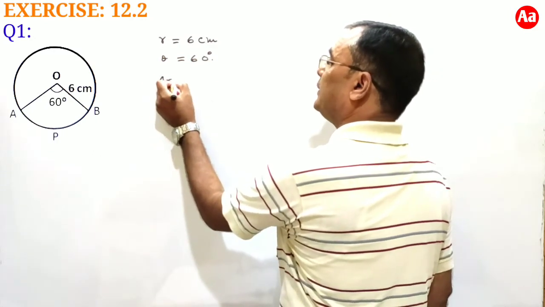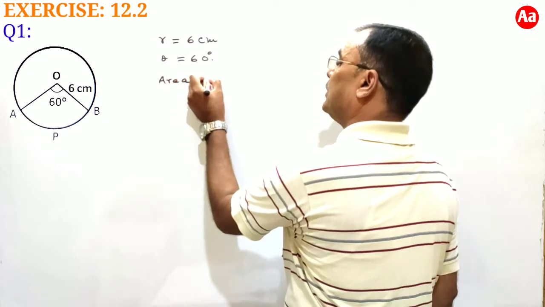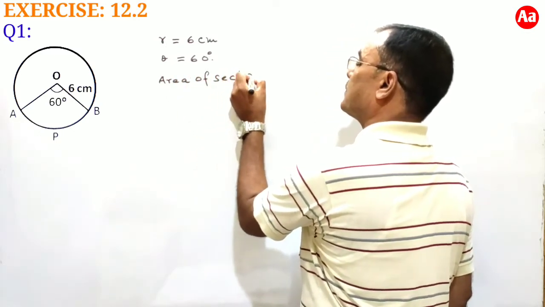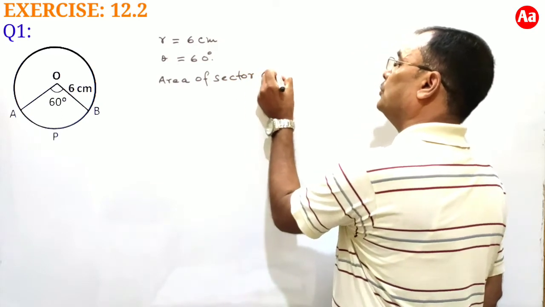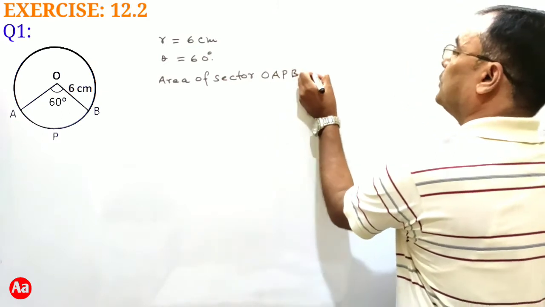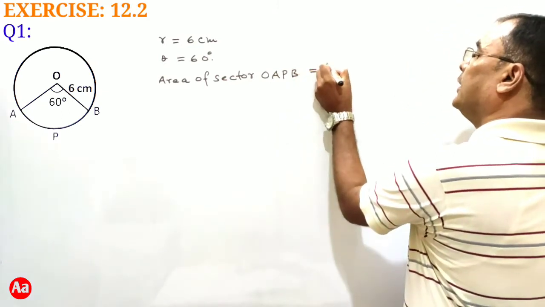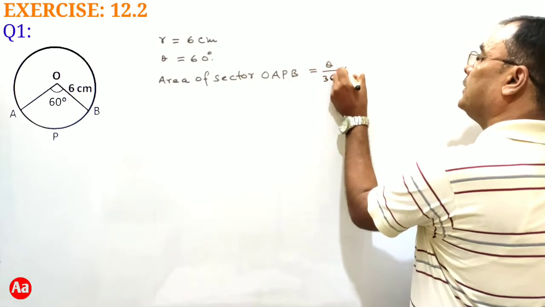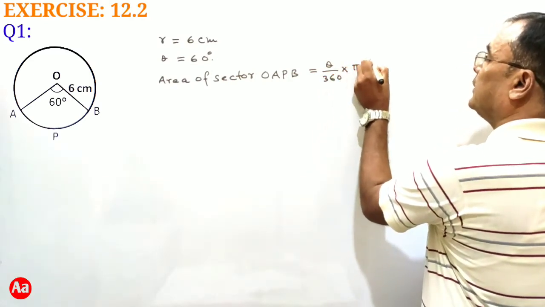So area of sector OAPB is equal to, the formula is theta by 360 into pi r square.